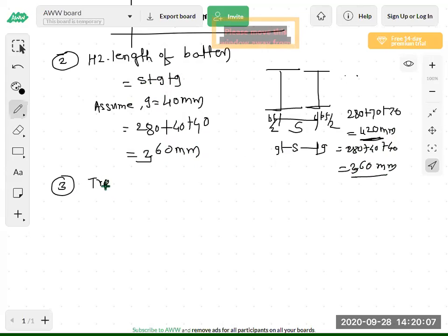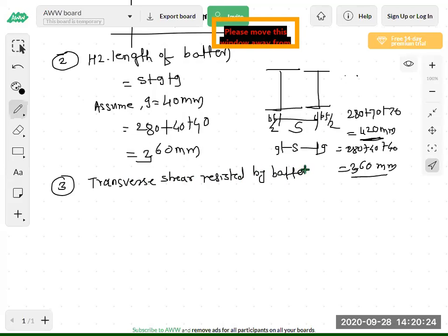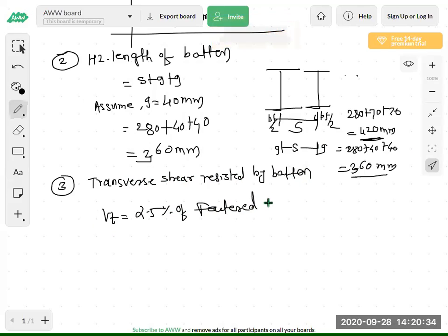Okay, next, transverse shear. Are you getting it, Sonali? Yes, sir. Transverse shear resisted by batten, so that is Vt. Again, Vt is the 2.5% of factored load.